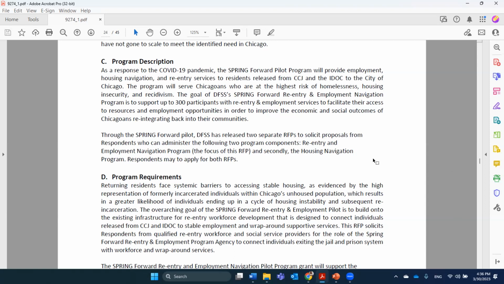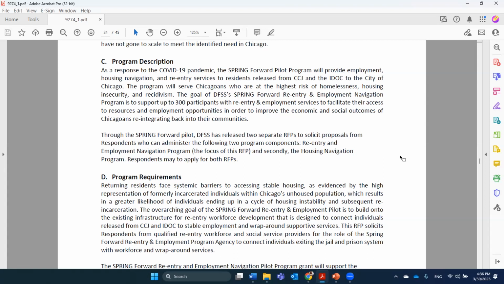Something also helpful to keep an eye out for in some RFPs is if there's going to be a separate RFP for a different part of the work. This says that there's another proposal for reentry employment navigation, and then a separate one for housing navigation, and that respondents can apply to both RFPs.